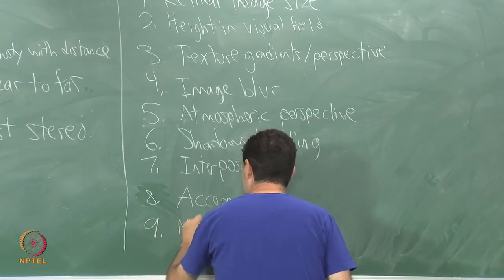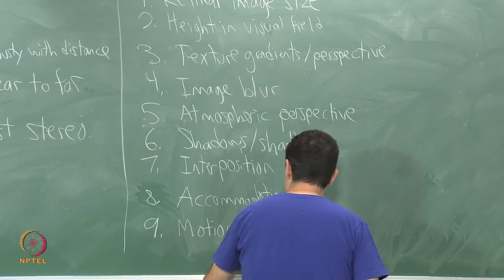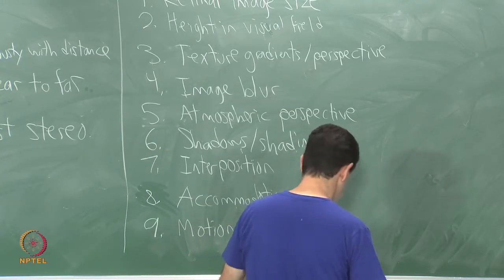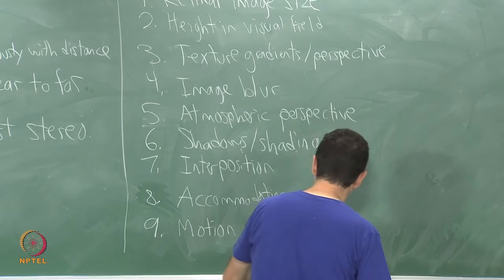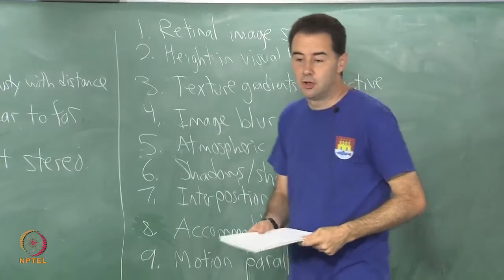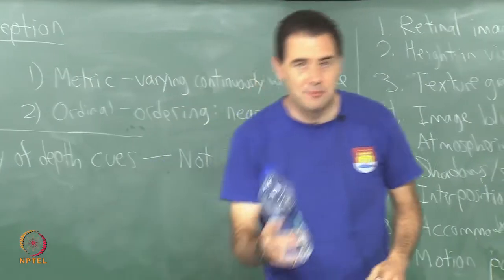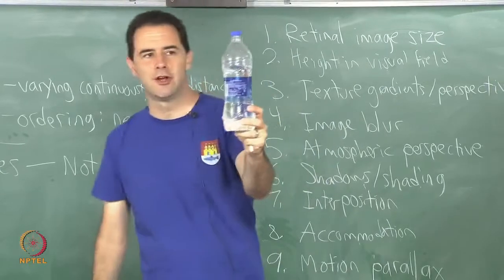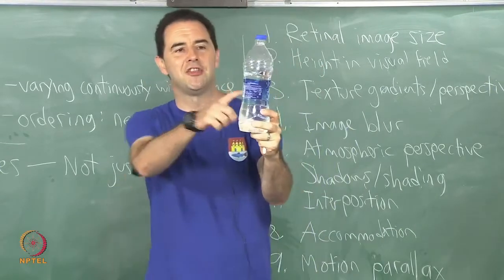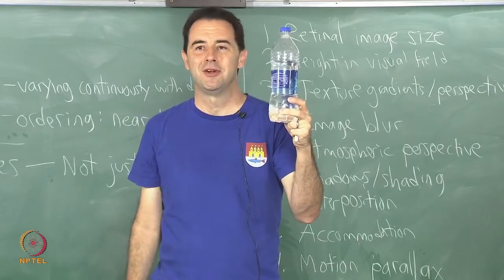Motion parallax. So if I move back and forth, I guess I need to hold some kind of object stationary here, but if I hold it stationary and I go back and forth, then I see this object passing in front of those who are further away at a faster rate, right?